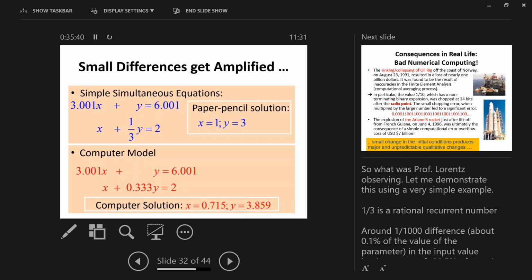But if you do it using a computational model, it depends on what precision value you are using. And the computer solution may depend on what computer you are using, what is the precision value of that computer, etc. You will get different solutions. For example, the one I have given here in red on the slide.